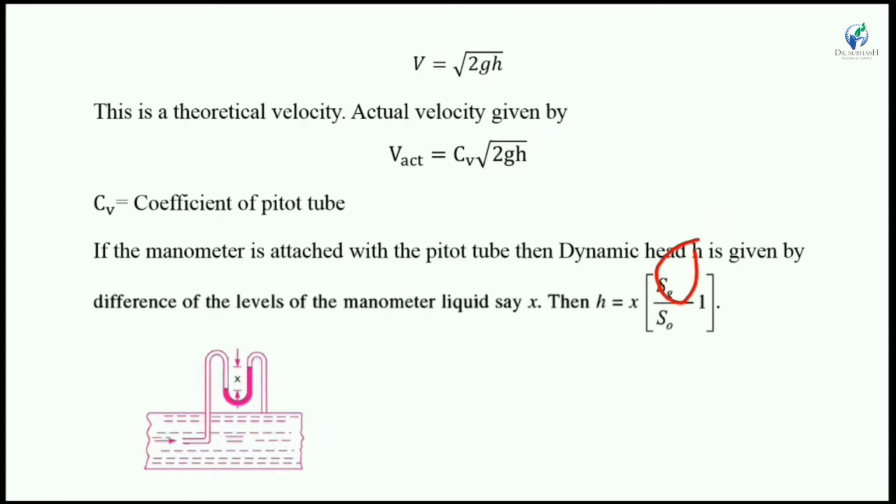Here Sg is the specific gravity of the heavy liquid of the manometer. In most cases the heavy liquid is mercury, and So is the flowing fluid in the pipe or Pitot tube, or light liquid, we can say, minus 1.